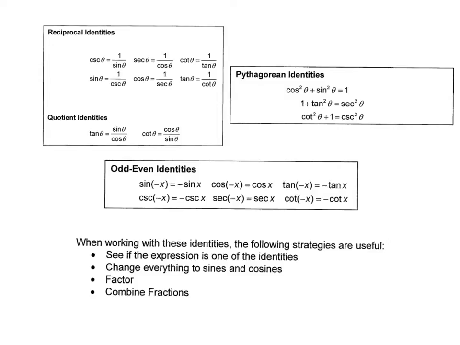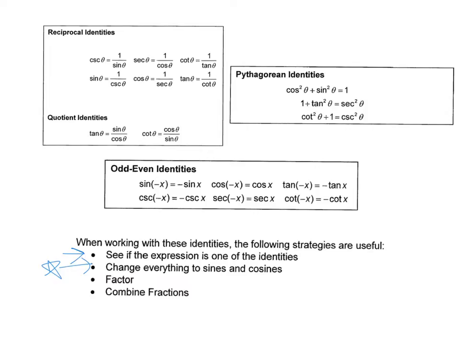When you're working with these identities, the following strategies are useful. First, see if what's in front of you is in one of these boxes, and that you can change what you have to what it equals according to these identities. The second strategy, and the one that gets used the most, is to change everything to sines and cosines.